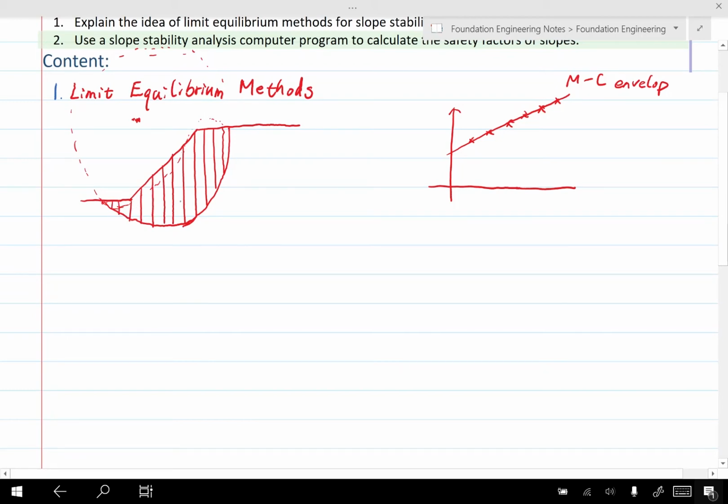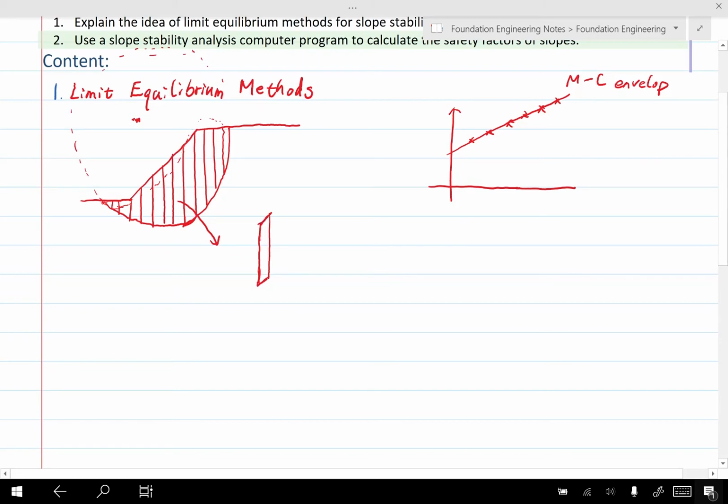And we can take any slice out and analyze it. We know that the bottom is an arc, but if the width is small enough, we can use a straight line to approximate it. That's why we want to divide it into slices. If we don't do that, we have to deal with the arc.